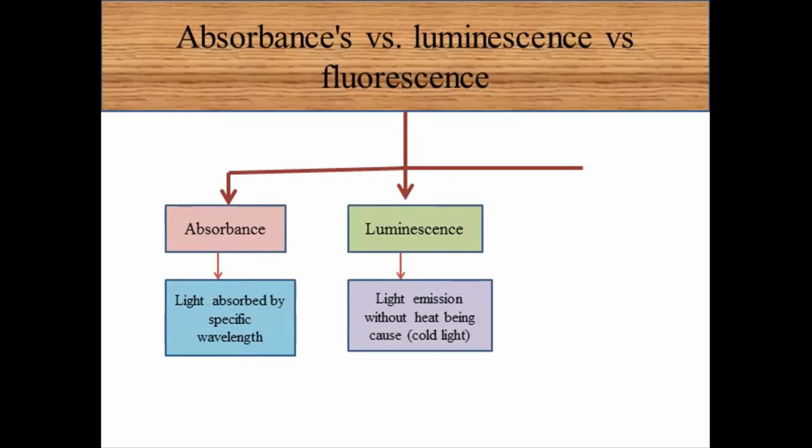We can say that it is cold light. Here is the difference between luminescence and incandescence. Incandescence is the light emitted by a substance as a result of heating. I hope you understand the terms luminescence and incandescence.